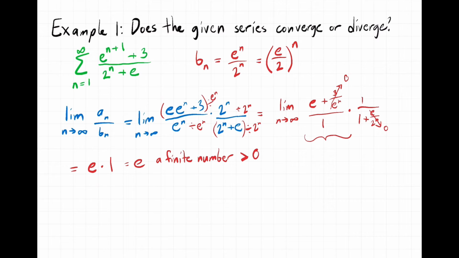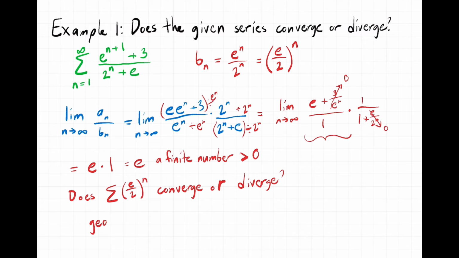So the question is, does the sum of e over 2 to the n converge or diverge? Well, that's a geometric series. And our r is equal to e over 2.